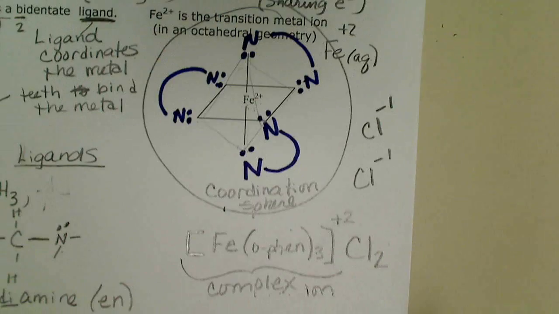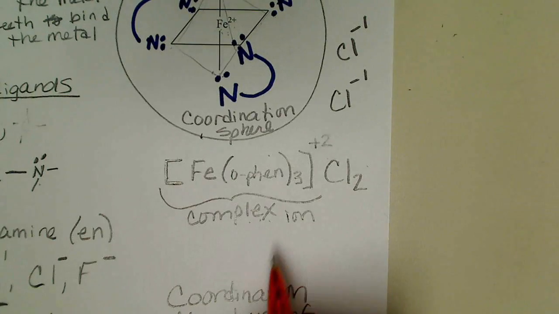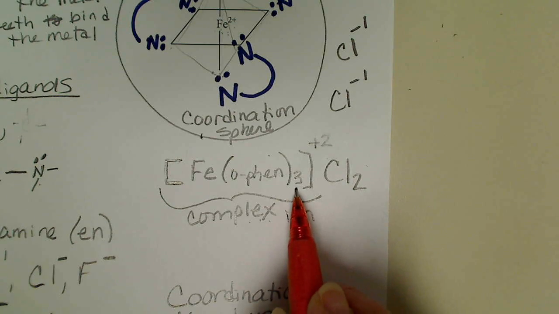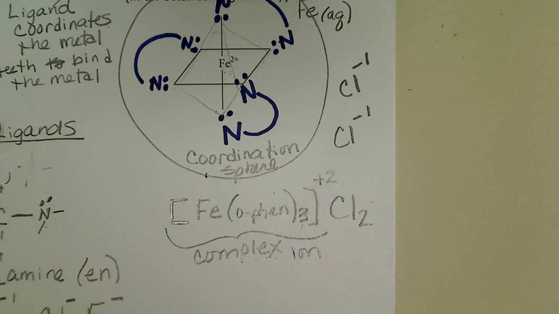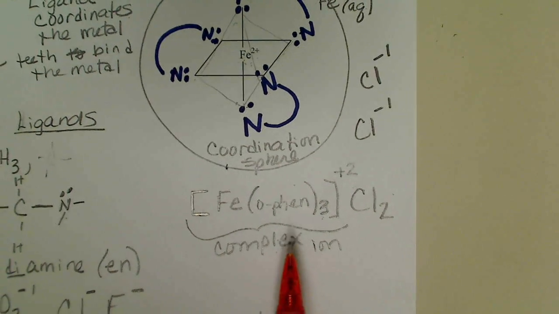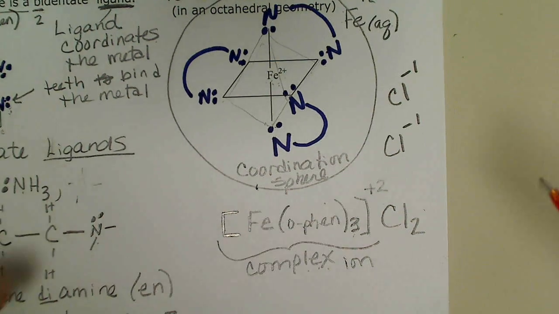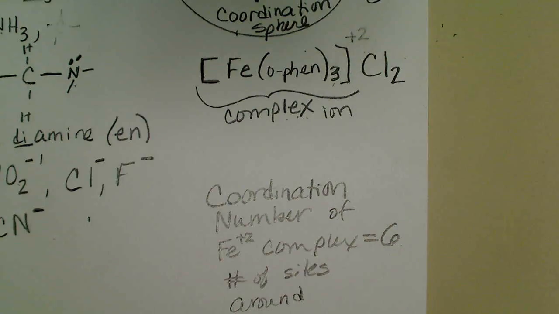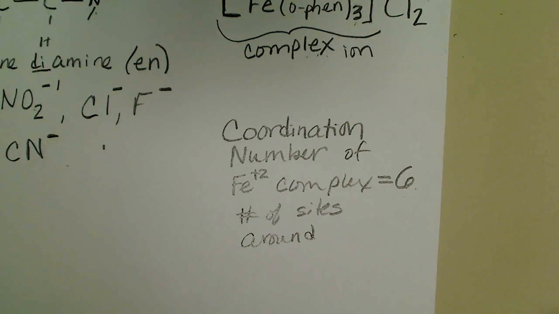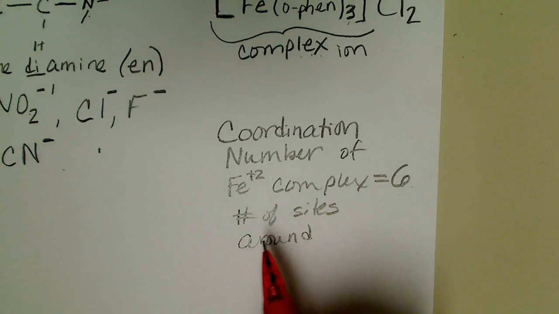And that may not be the same number as the number of ligands around it. So in this case, there were only 3 ligands around it, but each ligand, the orthophenanthroline ligand, coordinates the metal in 2 places. So we'll be talking about the coordination number of the metal.